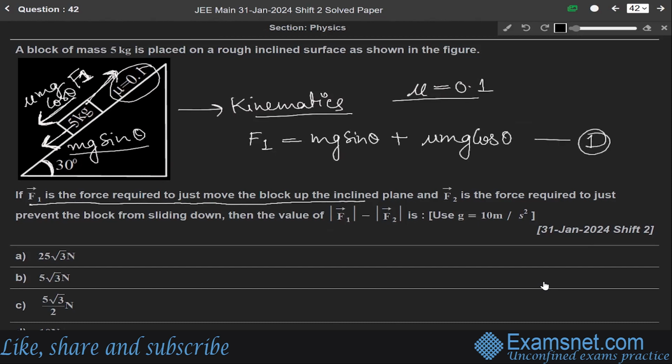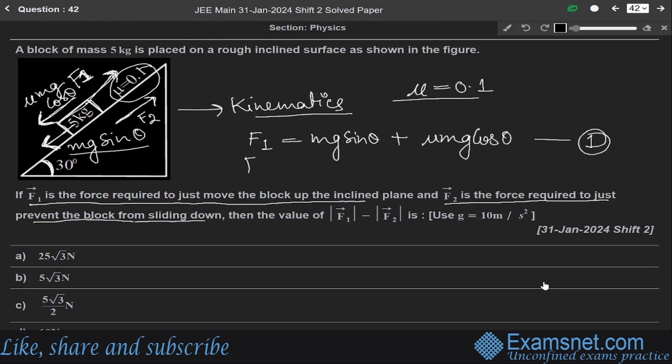This is equation 1. Now, the question is saying that F2 is the force required to just prevent the block from sliding down. Now we are applying the force F2 in the upward direction such that at first the block is sliding in the downward direction. So we have to apply the force F2 such that it just prevents the block from sliding down the inclined plane.